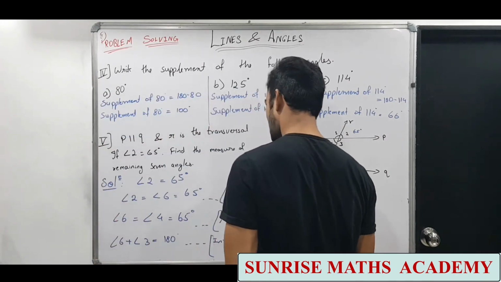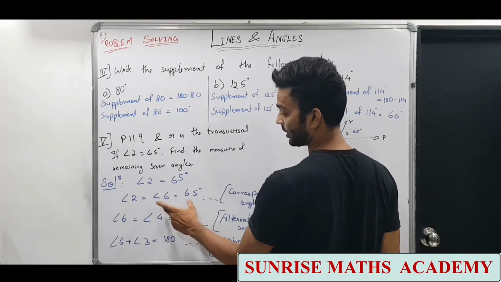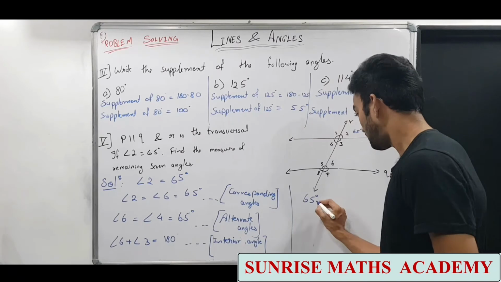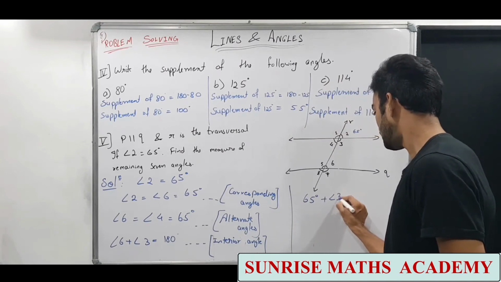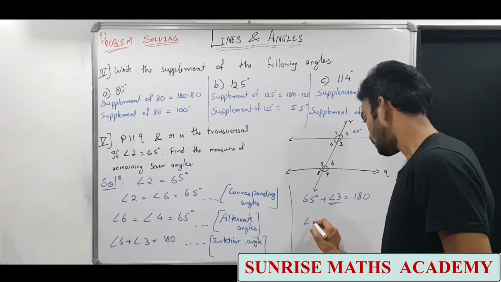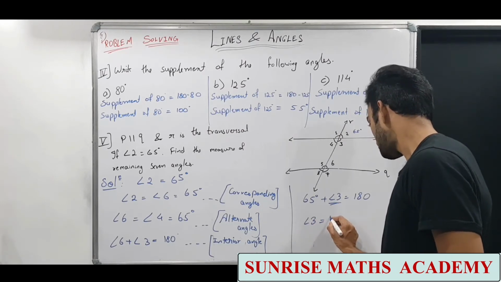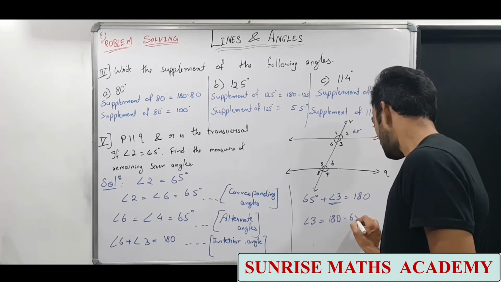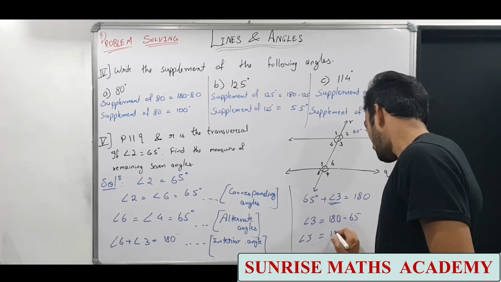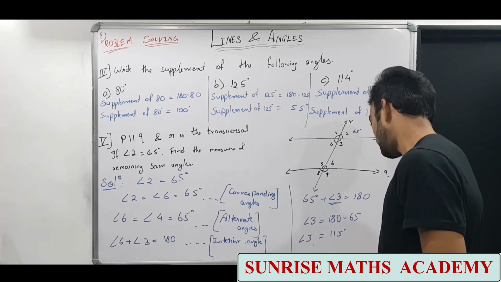So therefore 6 की value क्या है, हमने यहाँ पे देखा है 6 is 65 degree plus angle 3 = 180. So for this we are solving the equation, angle 3 के लिए solve कर रहे हैं, 180 - 65. So angle 3 = 115 degree.